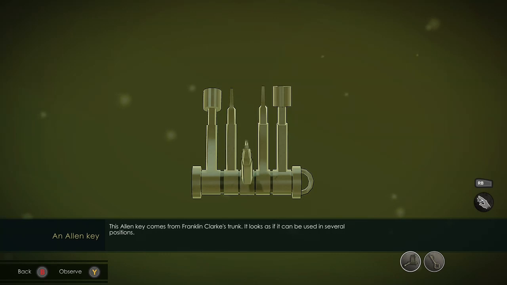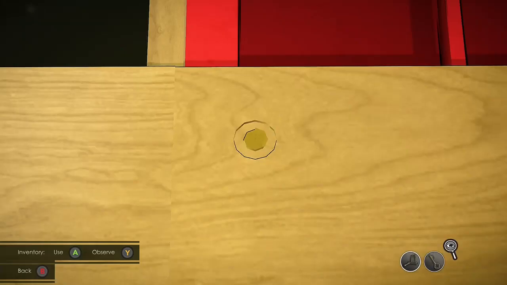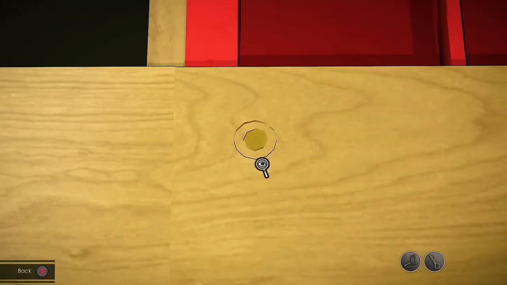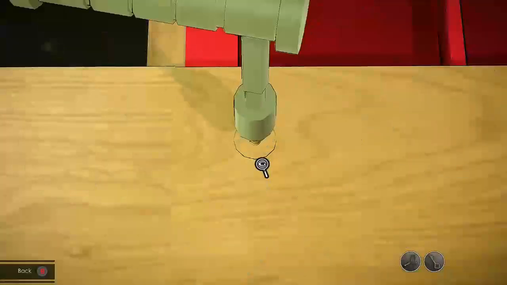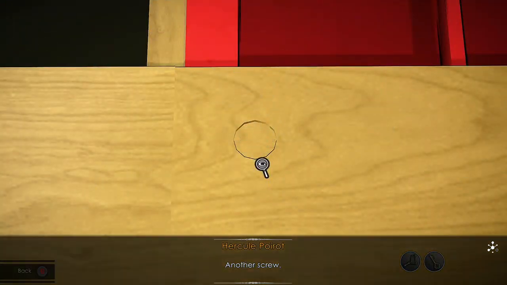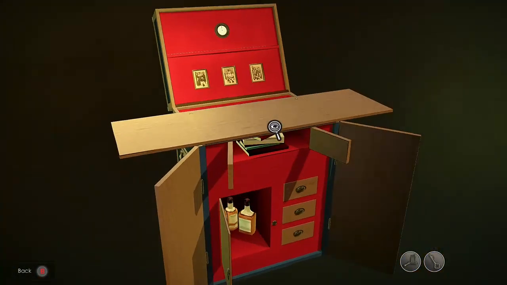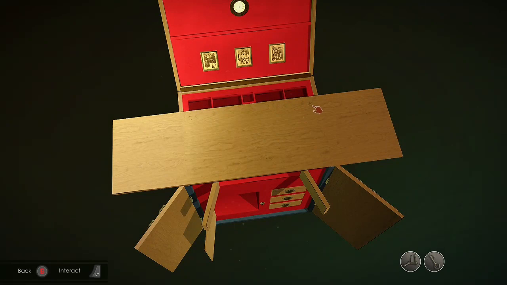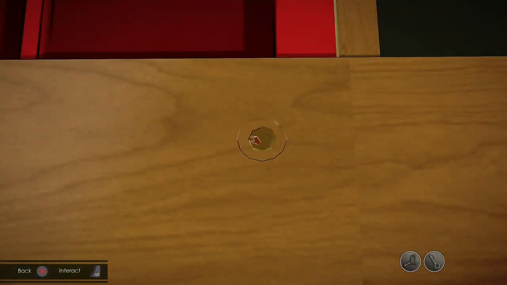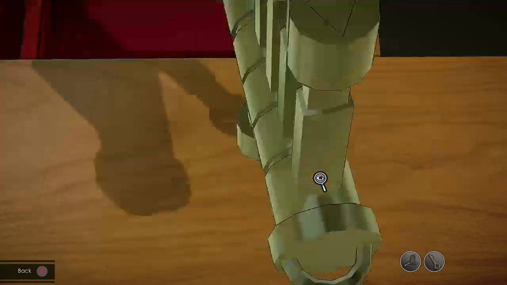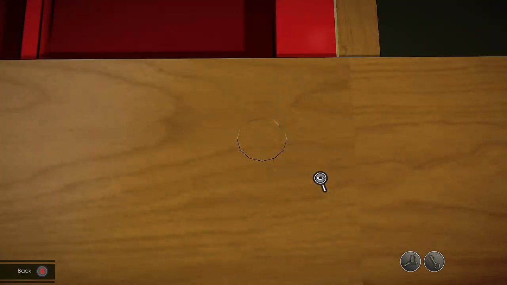I need the other one. That one. Whee! Another screw. Okay. Whee! Wallop.